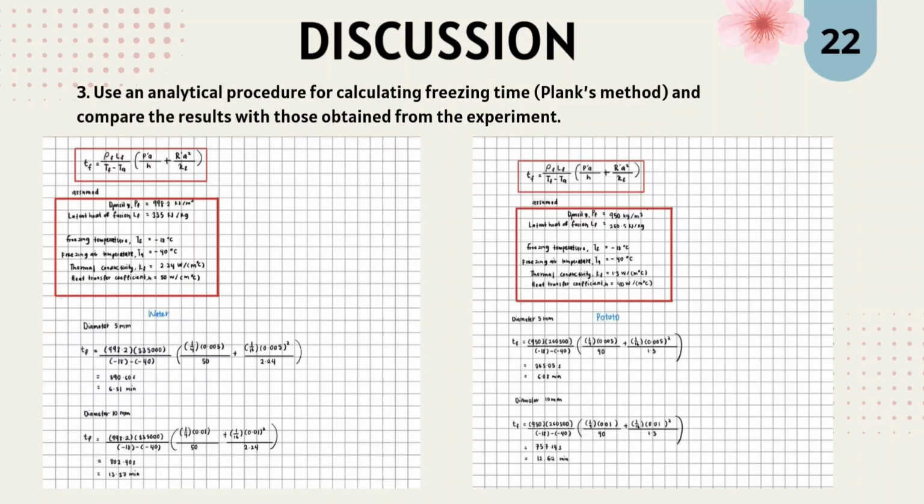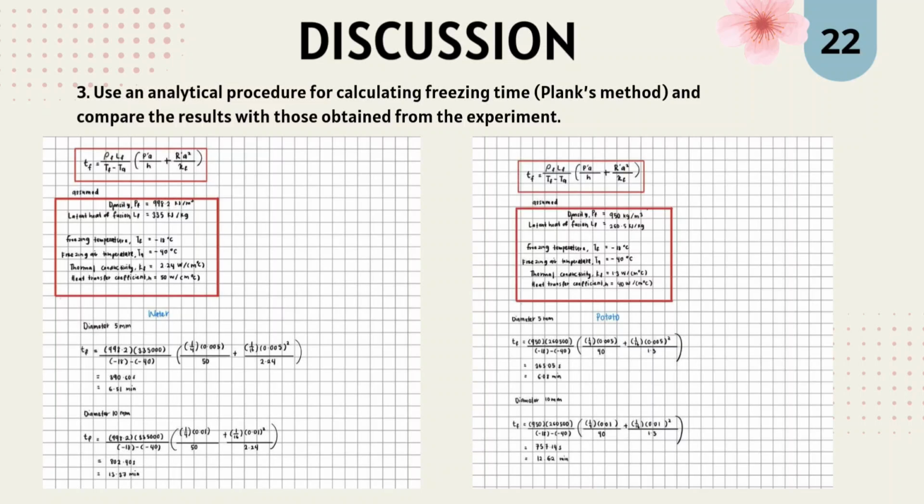The Plank equation inputs are: density 998.2 kg per cubic meter, latent heat of fusion 335 kJ per kilogram, freezing temperature -18 degrees Celsius, freezing air temperature -40 degrees Celsius, thermal conductivity 2.24 watts per meter degree Celsius, heat transfer coefficient 15 watts per square meter degree Celsius.